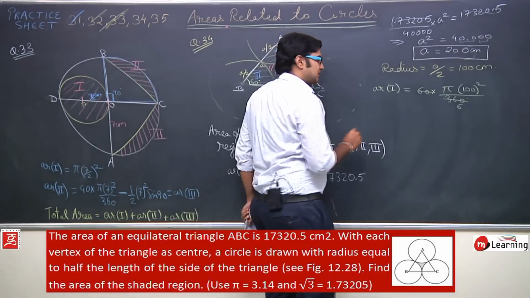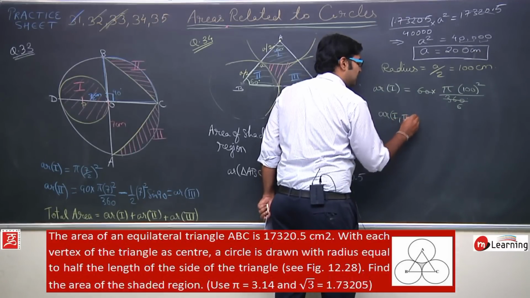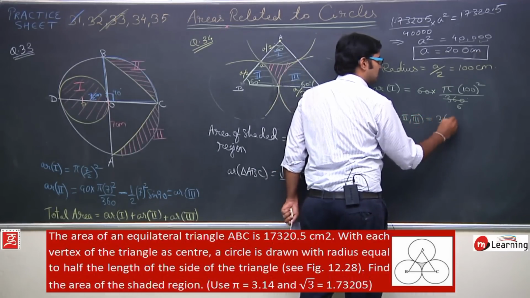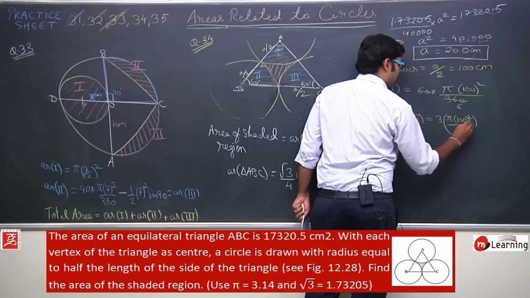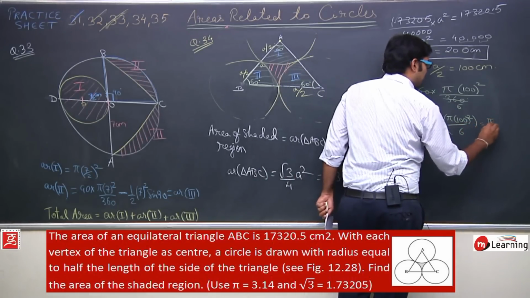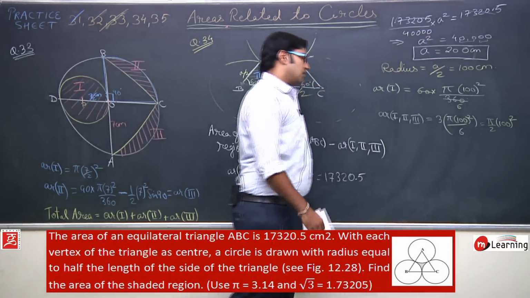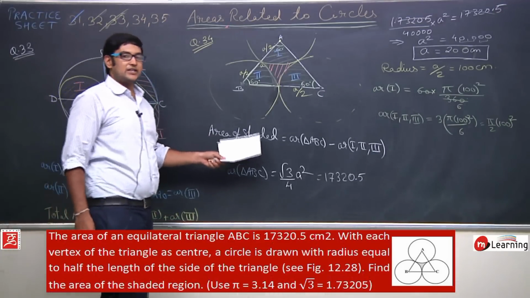So what I can write is the total area of regions 1, 2 and 3 will be equal to 3 times pi into 100 square upon 6. That is pi by 2 into 100 square. Now from this, can I calculate the area of the shaded region? Yes.